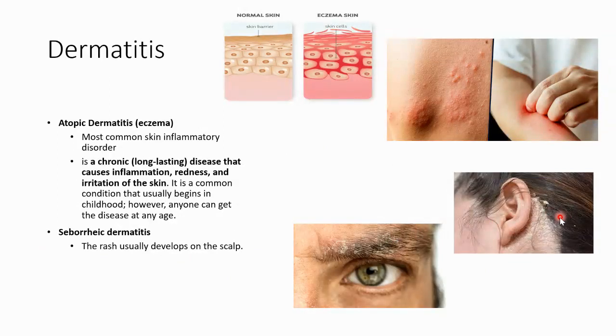Very common, and again, it most commonly affects the scalp or somewhere on the nose where there are oily sebaceous glands on the face, and it causes scaly patches over this inflamed skin. It can appear like a really stubborn dandruff, and again, mostly in oily spots on the skin.